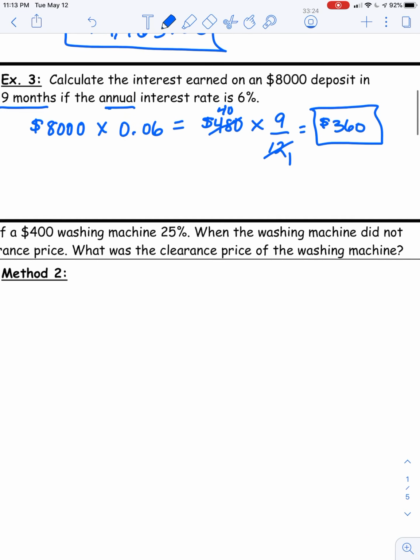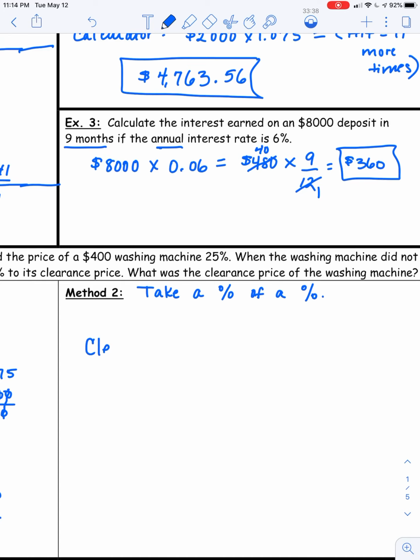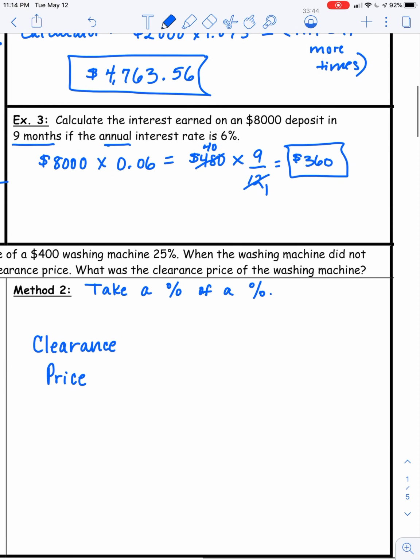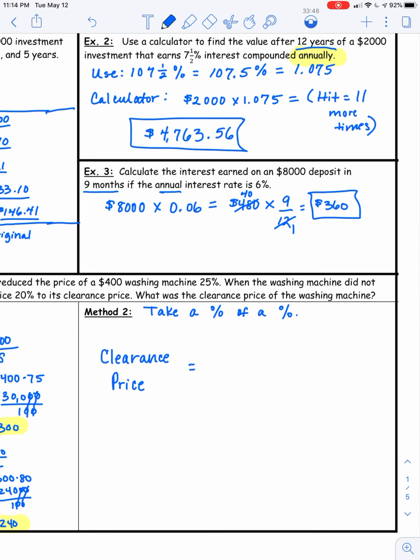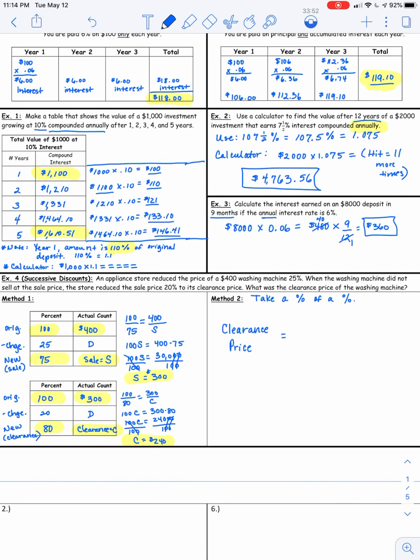And I want you to write here, right next to method 2, I want you to write, this is when you would take, and you can just abbreviate or use the symbol for percent, a percent of a percent. That's what we're going to do in method 2. So we're going to jump to finding the clearance price right off the bat. All right. How do we do that? Okay, well, let's think about the second ratio box here.